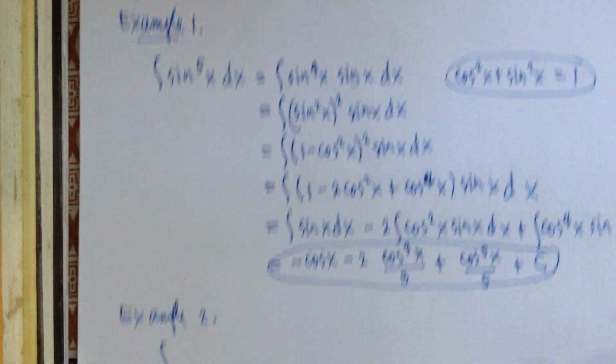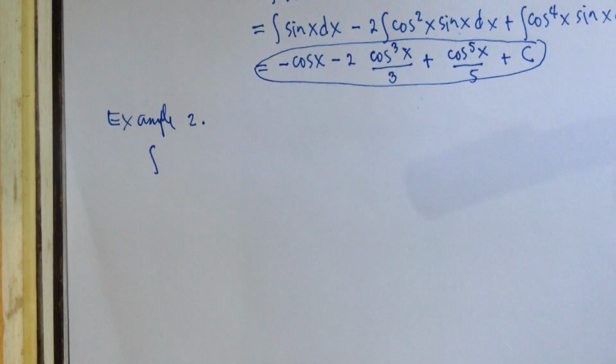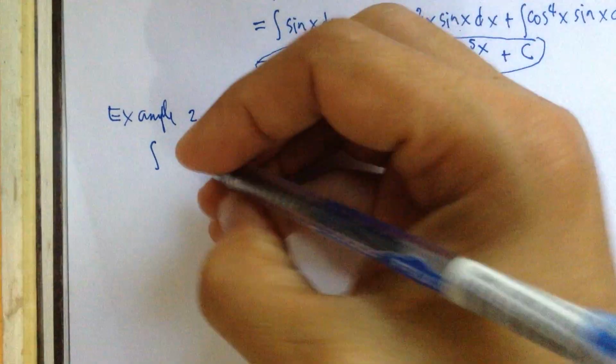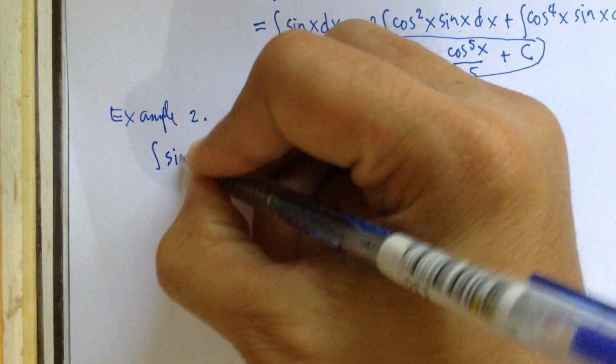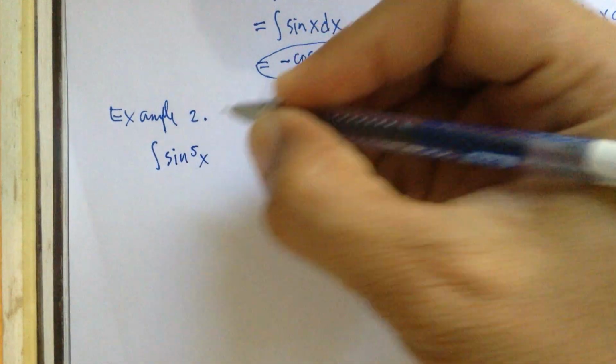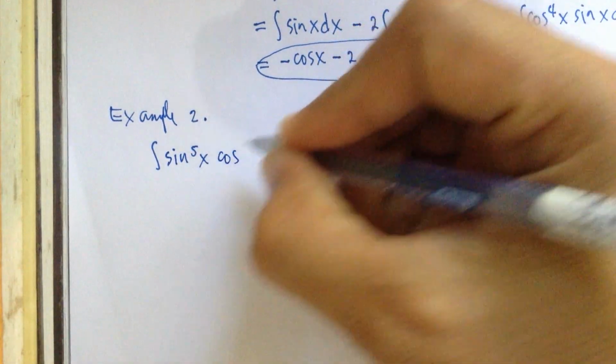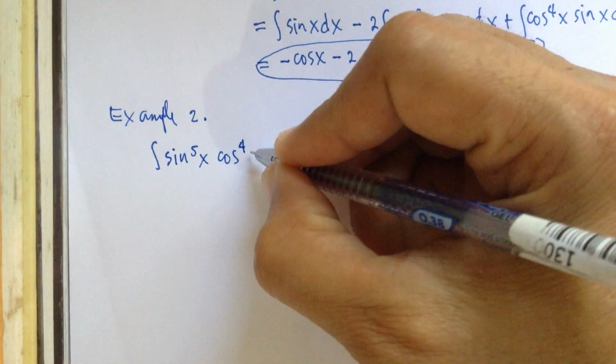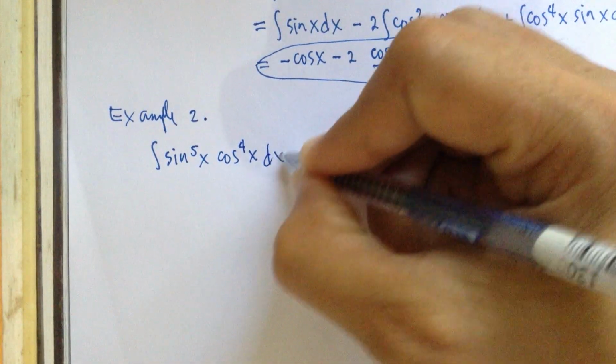Okay, so let's try another example. I think let's write sine to the 5 of x and cosine maybe to the 4 of x dx.